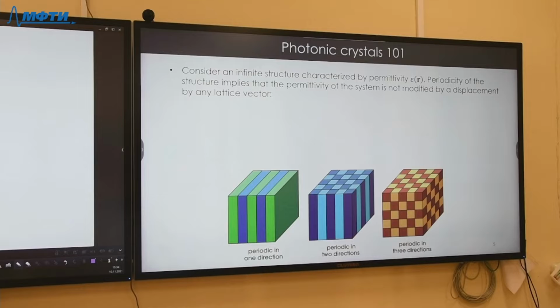A photonic crystal is an optical electromagnetic structure that is periodic, at least in one dimension.